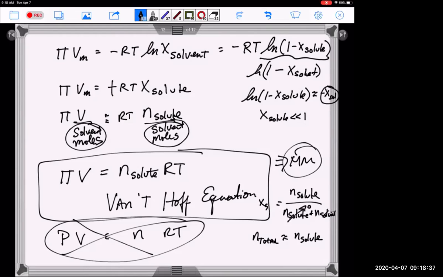It's the solute that contributes 0. So N total is just the solvent, right? That's what we'd expect, just in much greater amount of moles of solvent than solute. So X solute, the mole fraction of the solute, is more or less the N solute over N solvent. That's the result we used.